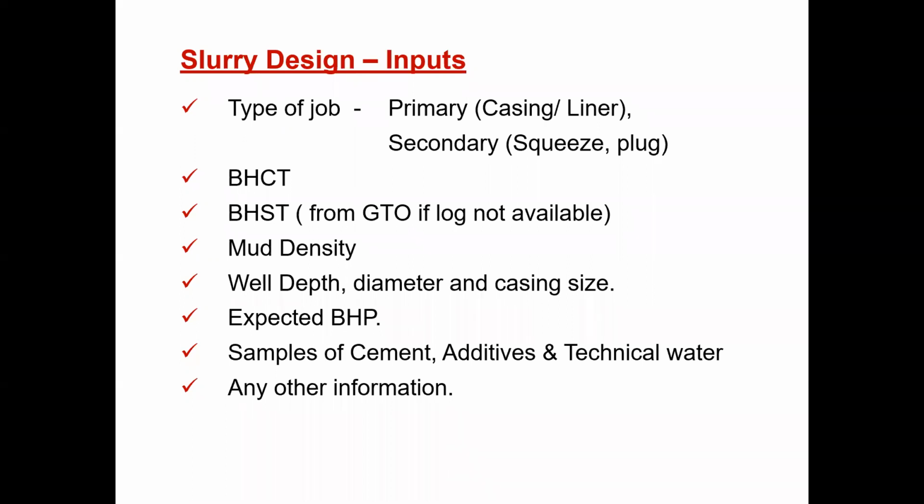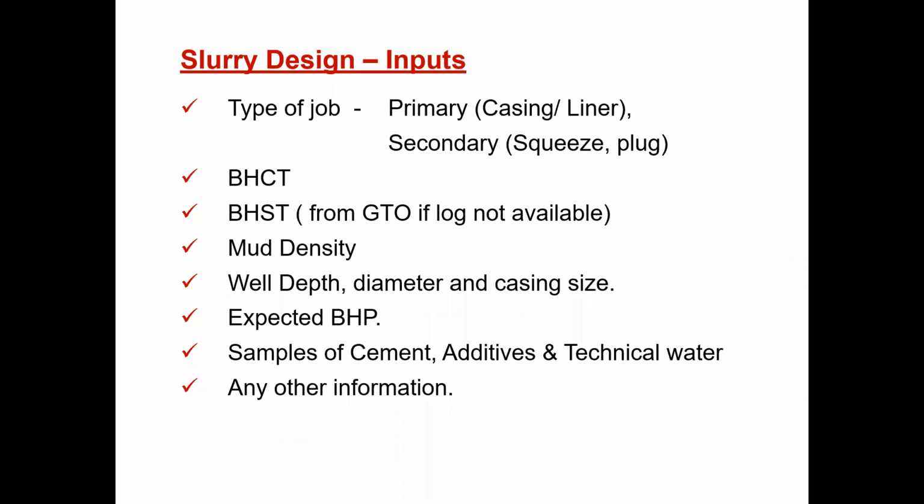Then we can simulate the bottom hole circulating temperature, which is slightly different from that obtained using API tables. That is more accurate. Or sometimes the static temperature is recorded when we record the logs. If logs are not available, then we extrapolate the temperature using the geothermal gradient.